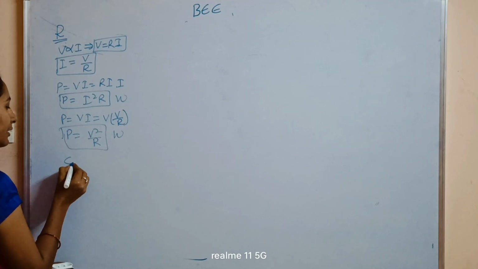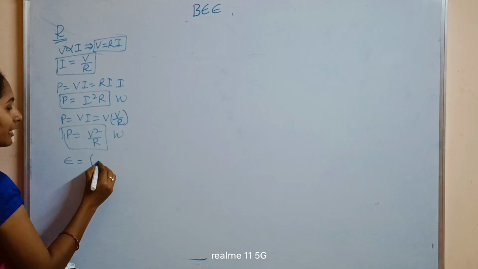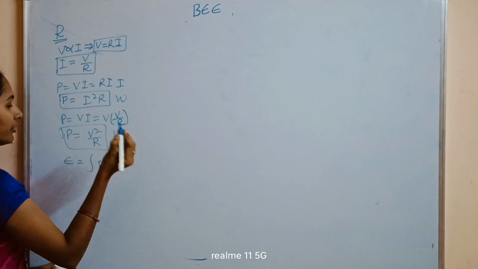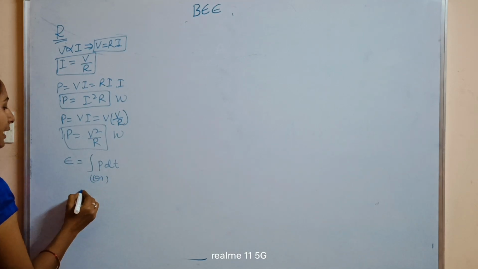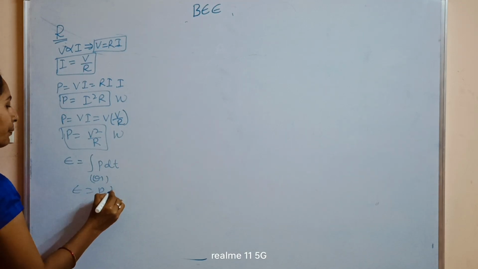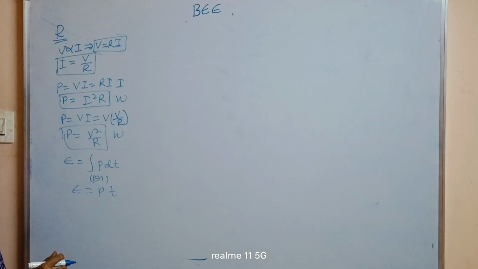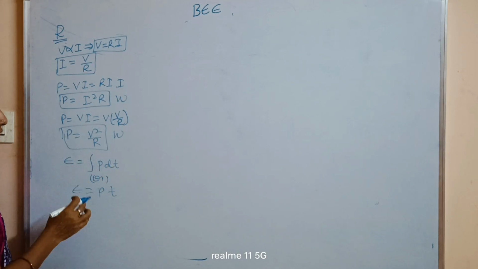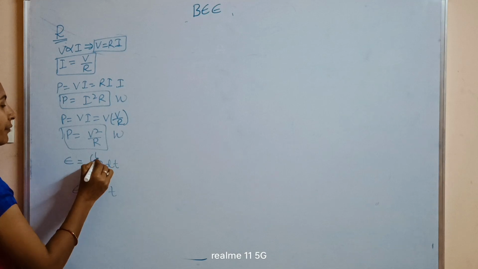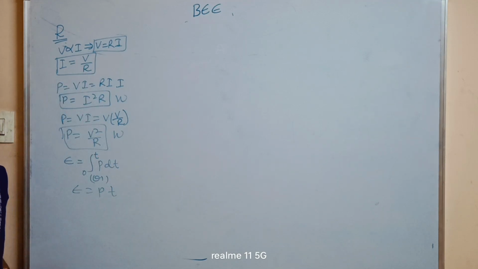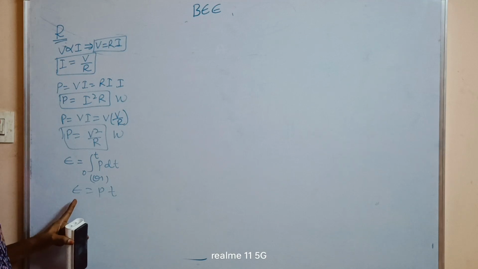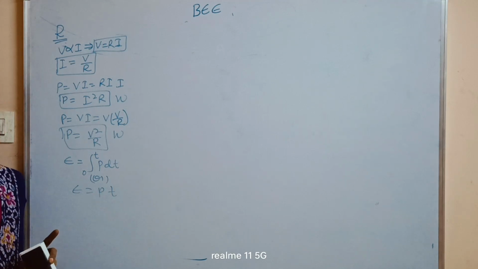Now coming to energy. So energy equals integration of P into dt. Otherwise, I am considering directly E equals P into T. If it varies with time, we can consider 0 to T dt. Here I am not considering any time period, so directly I write it as the product of power into time.